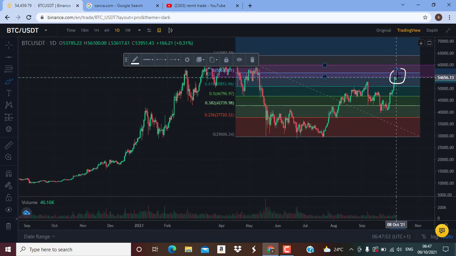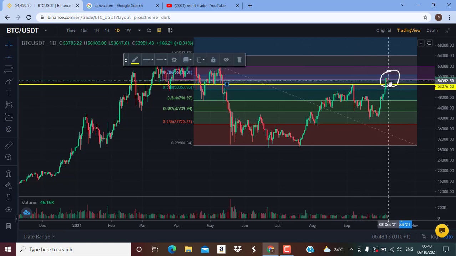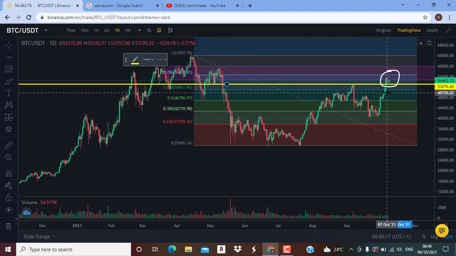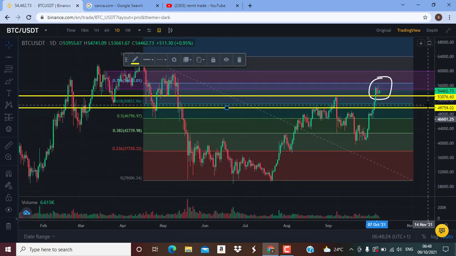What I am still expecting is the market to go a little bit down, and I spotted levels where I am expecting the market to go if it goes back down: this area, and then this area as well. These two levels are very important for Bitcoin right now. Any resistance to price at this level is going to make us go back down to this area possibly.